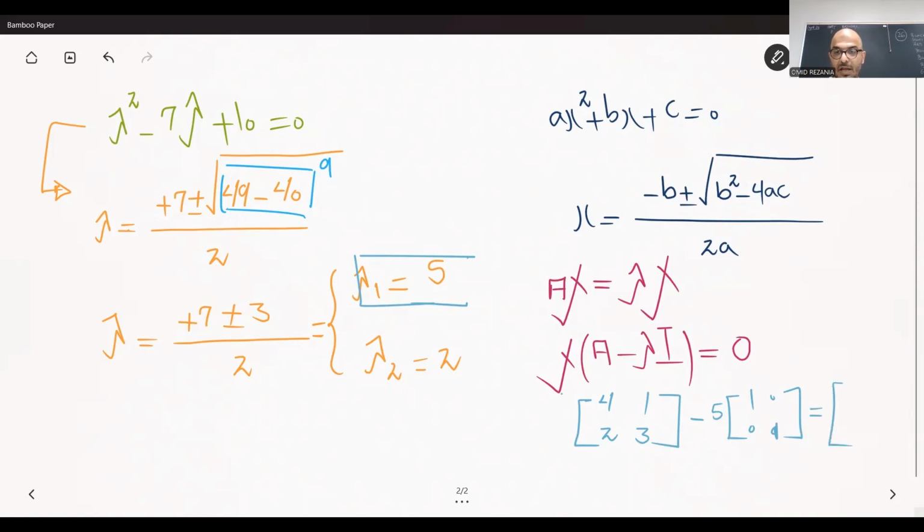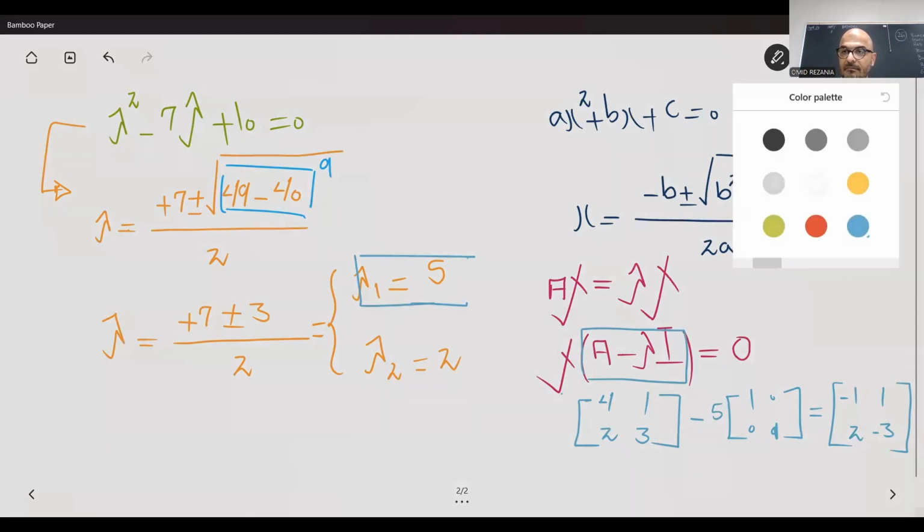It becomes 4 minus 5, minus 1. 1 minus 0 becomes 1. 2 minus 0 becomes 2. 2 minus 5, minus 3. Look at that. This one which I got over there, it's actually what I have here.